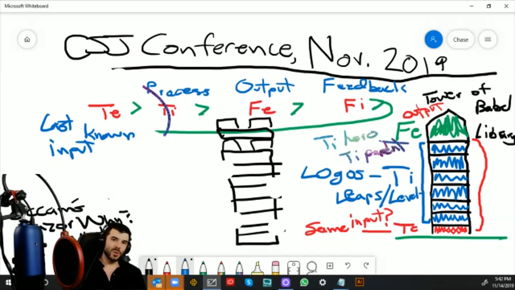A TI user who lacks critical thinking, because if they had critical thinking, they would allow other TE inputs. They would do more research, or they would ask other people, what do you think about this? Or they would read articles to make sure that their knowledge tower's foundation is actually a good foundation before they start processing their logos, their TI, to reach a conclusion.